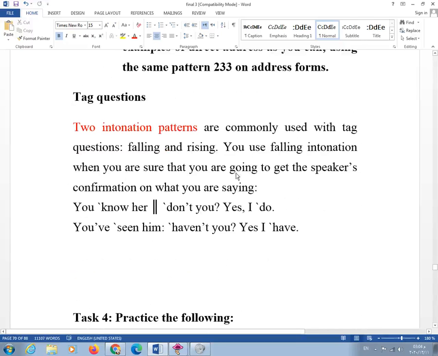Okay, for example, you know her. Okay, you know her. You know her. Okay, I'm gonna use falling intonation here. Okay, don't you, as if you are saying a statement. Don't you.